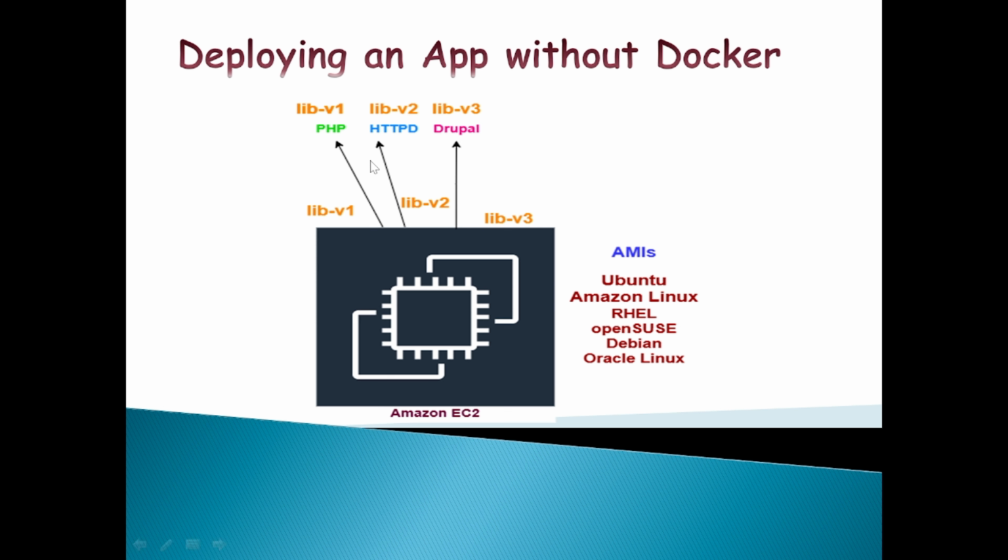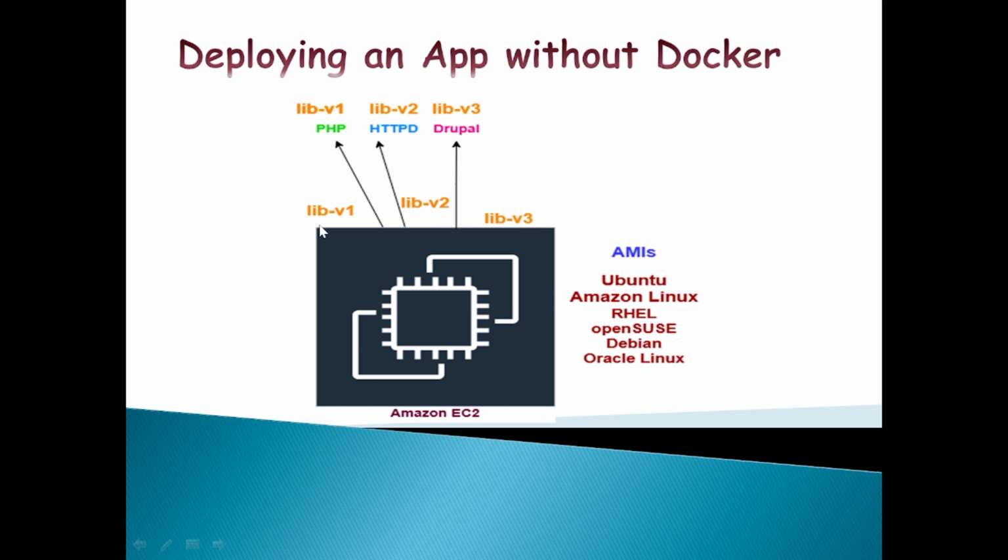The other issue that could arise is each application package can have its own dependent library which should be there on the operating system, installed in advance, for the installation of this package to work. For example, if I talk about PHP, I'm just taking a random example here. Suppose the PHP package needs library version 1 to be installed in advance on this operating system, on this EC2 instance.